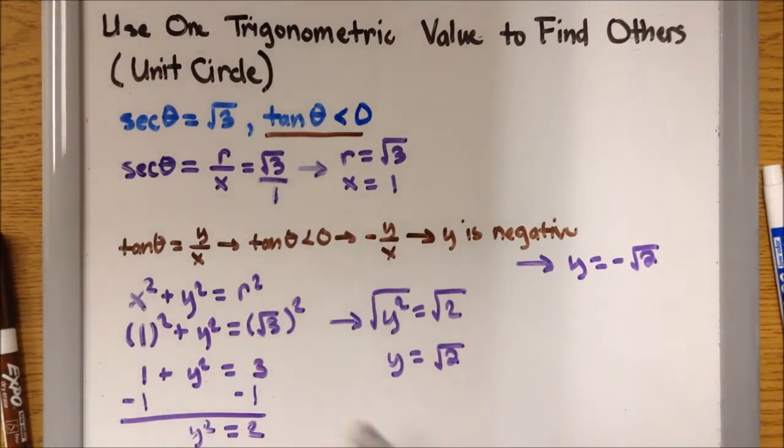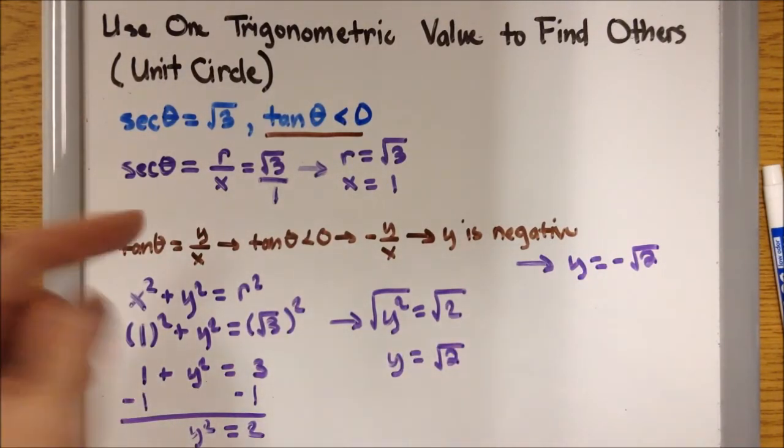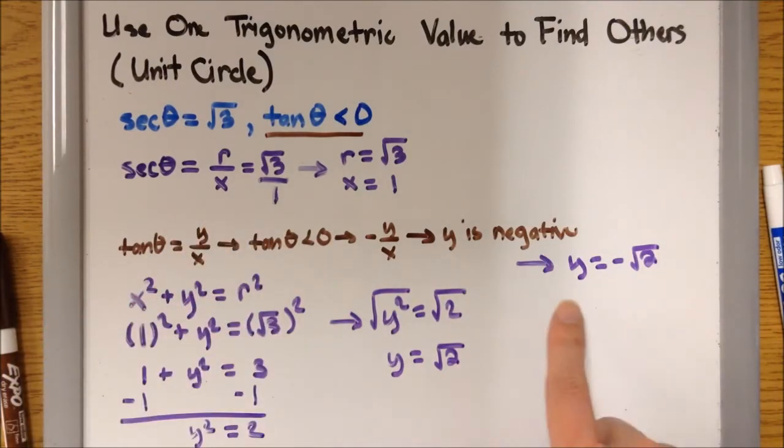Next, I'm going to make some room, since we established the true x value and a true y value, which is negative square root 2, and our r value.